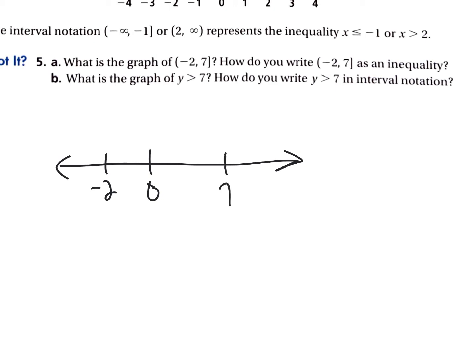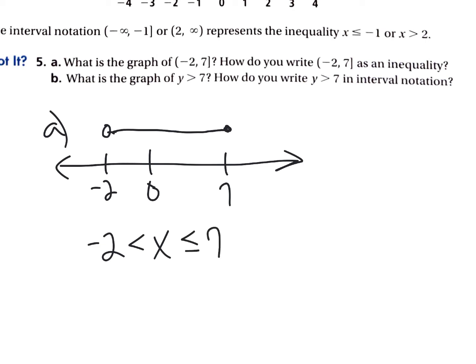It's going to be easier to see what's going on. So this is an open circle at -2 going to a closed circle at 7. And then the inequality, well, it's a segment, so that means our variable is in between two things. So we could say -2 is less than x, which is less than or equal to 7.